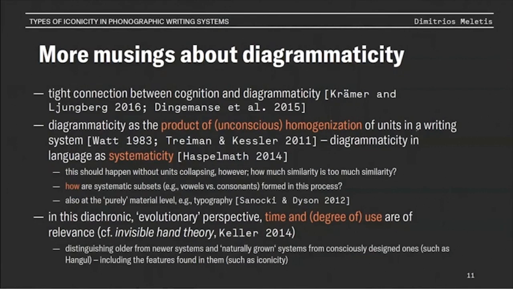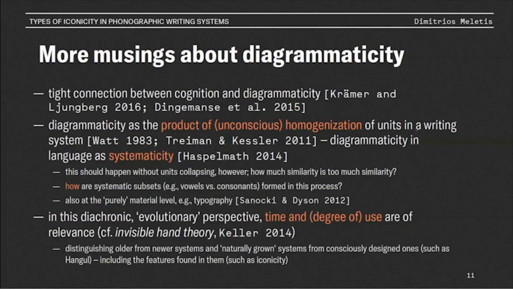Yeah, and I think what this phenomenon of iconicity, but many others would do that as well, shows us is that we should maybe focus a bit more on this really interesting distinction between the differences between writing systems that have evolved over a very long time and have been in continuous use, like Chinese for thousands of years, and much younger writing systems where also the creation or the design was controlled.